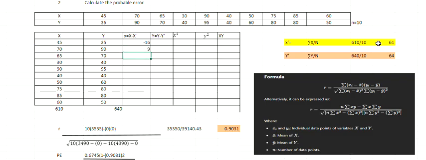Then again equals, this is x minus x bar. So do the same thing for all. Similarly y: y minus y bar, done. Next, equals y, take this y minus y bar, done. Hope you are understanding. Okay, I have done x bar and y bar.